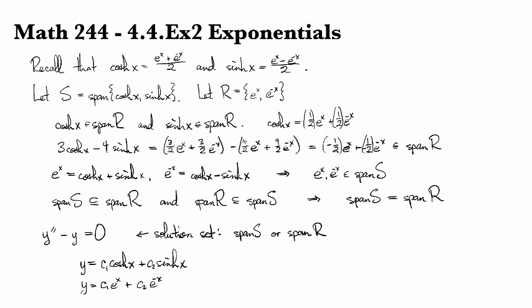Now, for a given function, the c1 that you have in this equation would be different from the c1 that you have in this equation, and so same for c2. But the general form of the solution can be expressed either way.